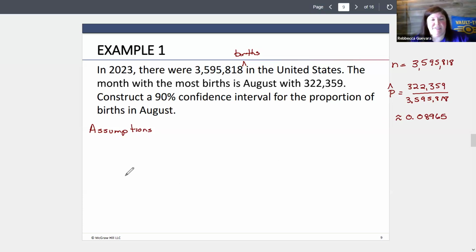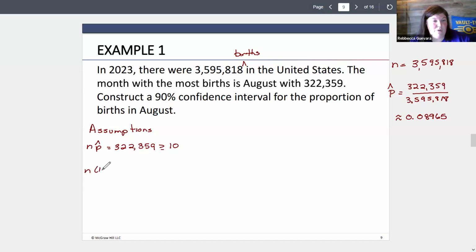The next part of this, like I said, is we're just going to test those assumptions now. For this first part, we really don't need to do the calculation, because if we have n times p hat, what I should get back is how many births I had. We saw that earlier. So n times p hat should be 322,359 births. This is definitely greater than 10.